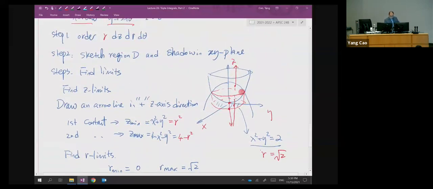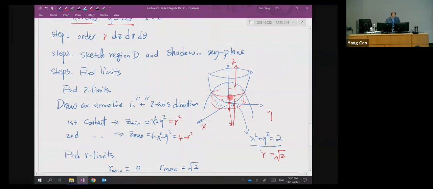Now, the region here doesn't necessarily look like a cylinder. Sometimes it's not intuitive to see that you should use cylindrical coordinates rather than Cartesian coordinates.